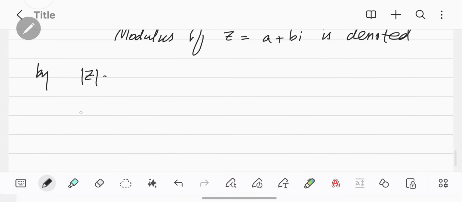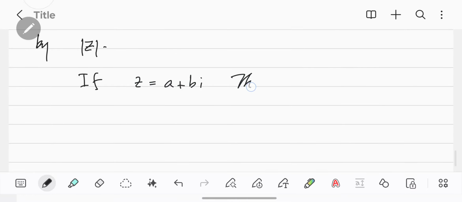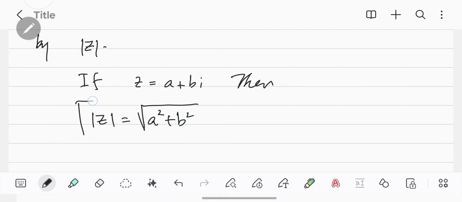So we write, if z is equal to a plus b iota, then the modulus of z will be the square root of a square plus b square. So this is what we call the modulus.